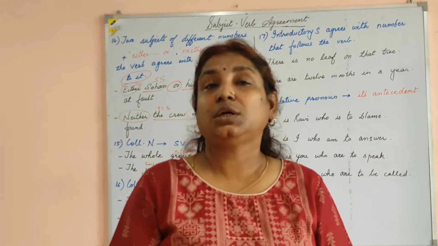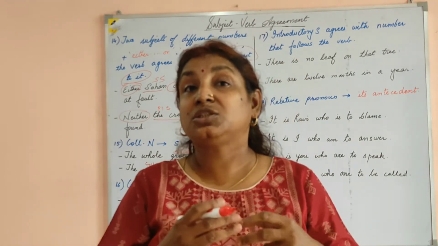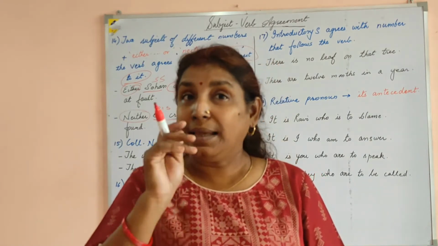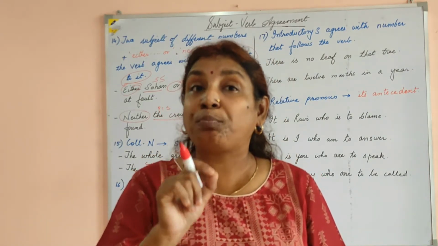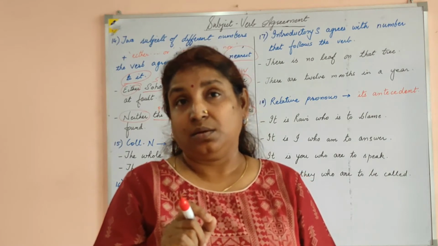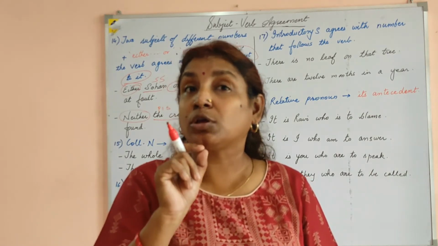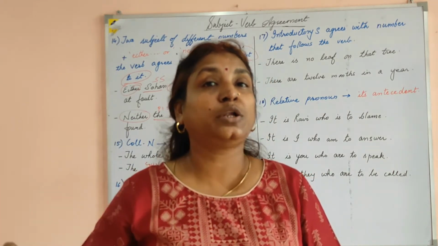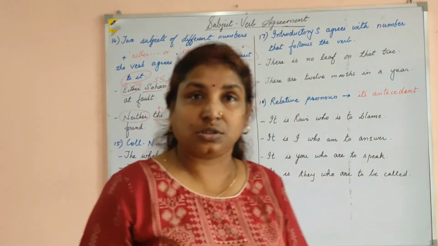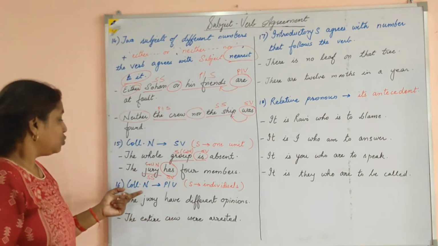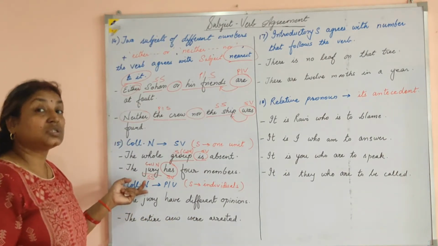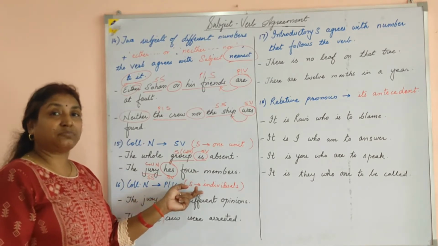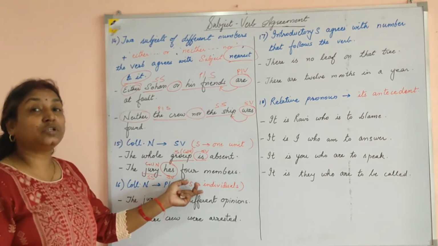So the judges were divided in their opinions. There, I am talking about the individual opinions, and opinions were different with different judges in the jury. Such collective nouns will take a plural verb when the subject is considered as individual members of that group.